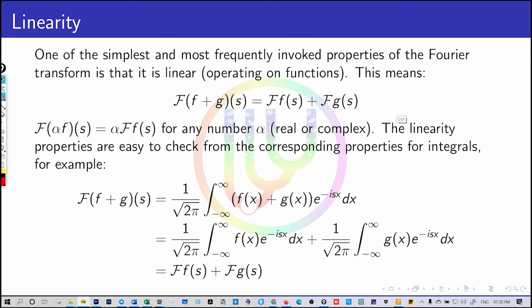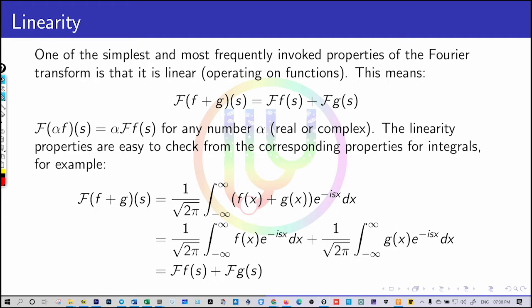linear. നോക്കൂ, if we have two functions f and g, then the sum of these two functions, if we take the Fourier transform of the sum of these two functions, it can be written as 1 by root 2 pi integral minus infinity to infinity f of x plus g of x e raised to minus i s x dx. Right? Now we split this into two integrals. First f of x e raised to minus i s x dx and g of x e raised to minus i s x dx.